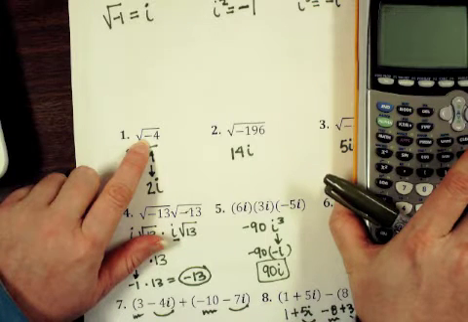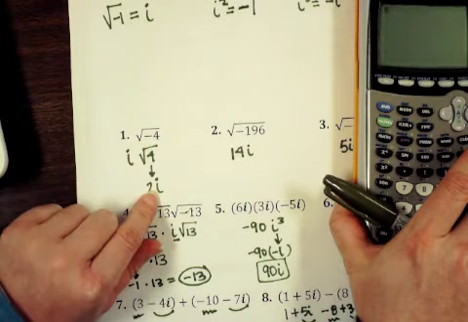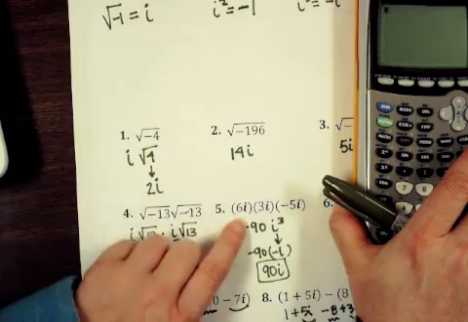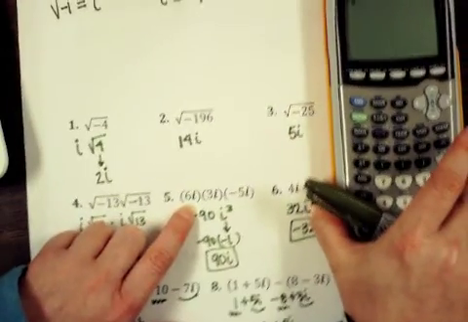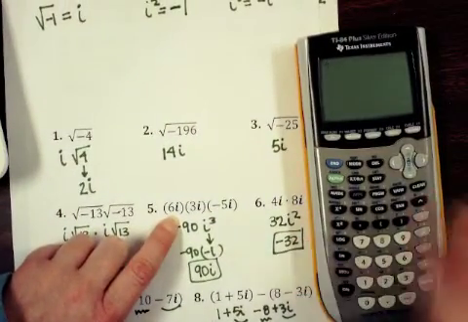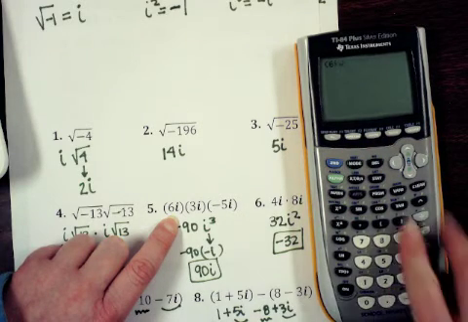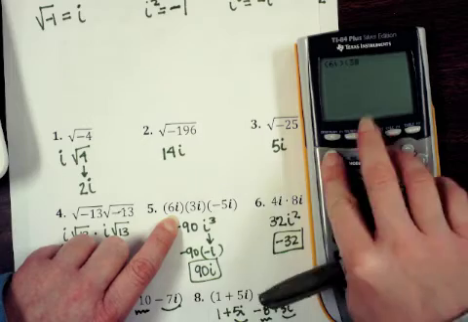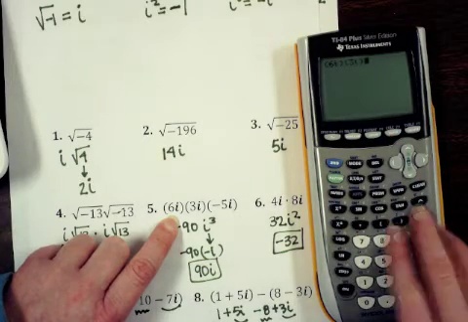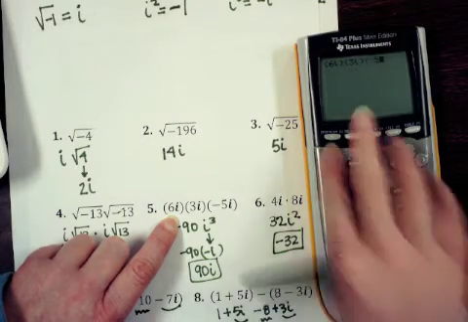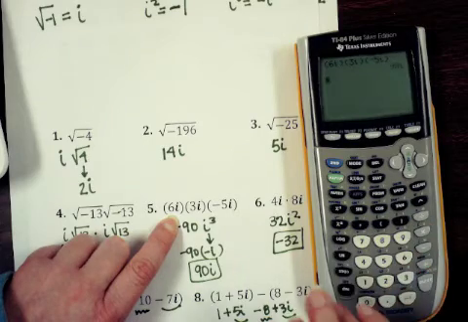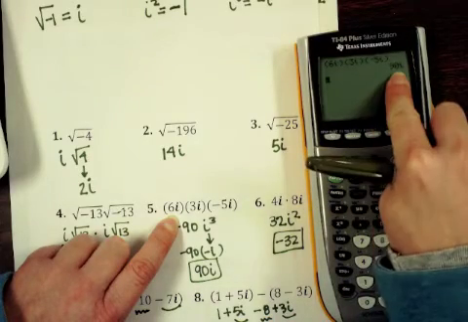It will not give you an imaginary answer as a result. What you can do is your operations with i. So number 5, you could say 3i times negative 5i, and it will give you 90i as your answer.